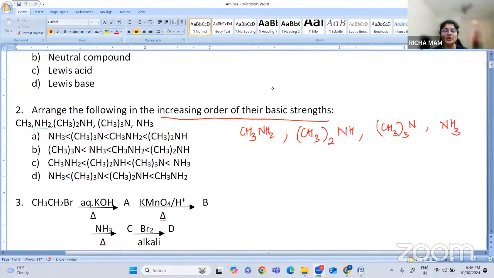Let us see. When we discuss the compounds based on their basic strength, ammonia is the weakest base. Now, the CH3 group, what type of group is it?